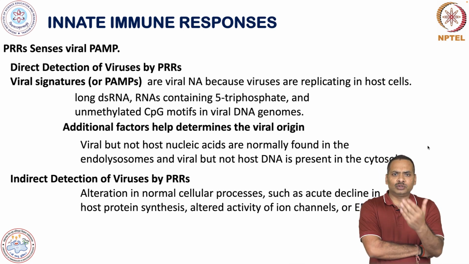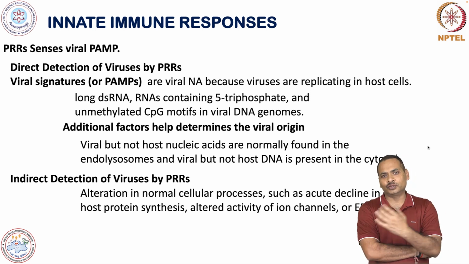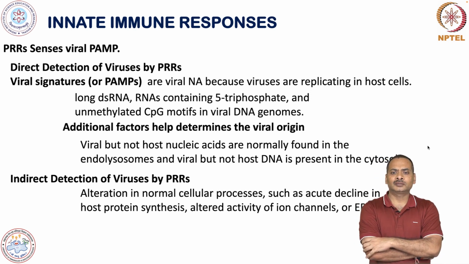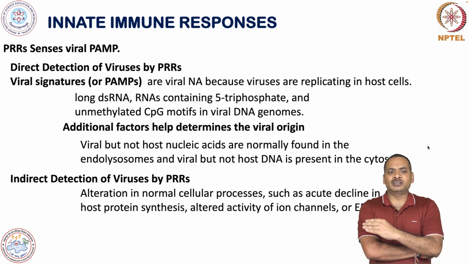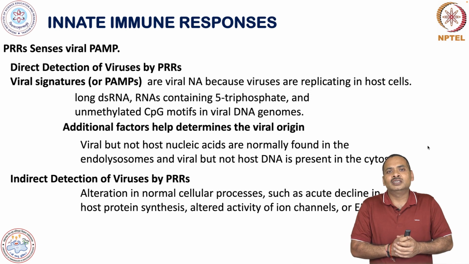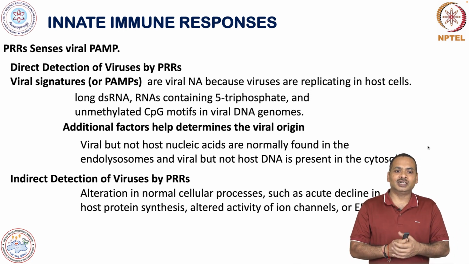So here again I would like to say that there is alteration in normal cellular processes, of course, because viruses hijack the host cellular machinery, such as an acute decline in host protein synthesis. Suddenly when there is a virus infection, there will be almost no synthesis of host protein, and that is a stress.